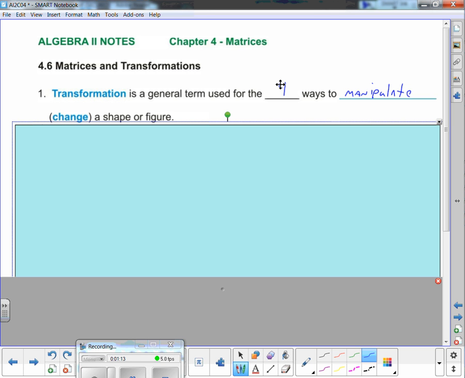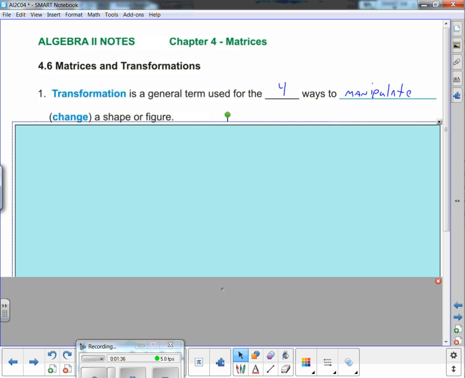Okay, I think you might mean translation. So that is a second one. Translation. So we got translation, reflection. What else? Dilation is another one.